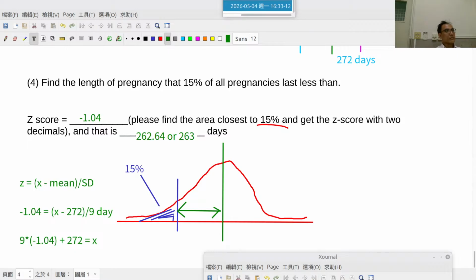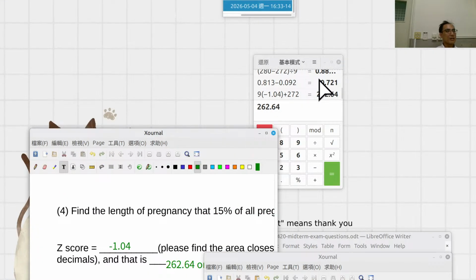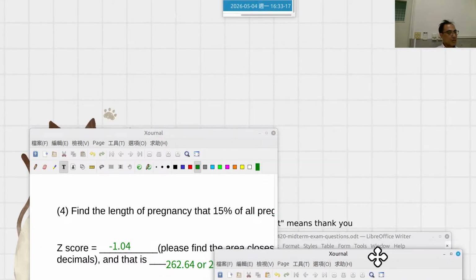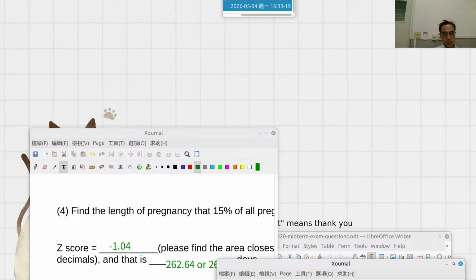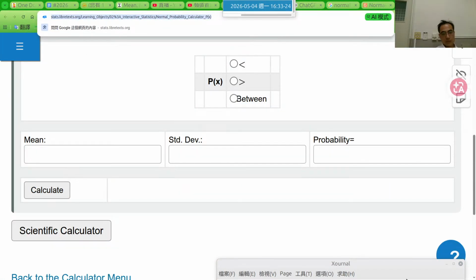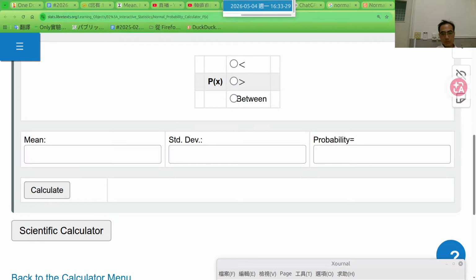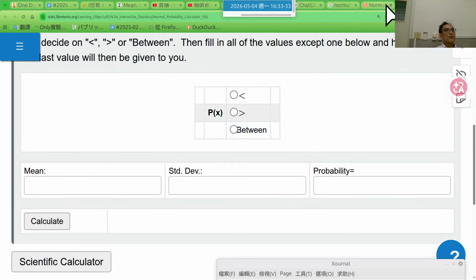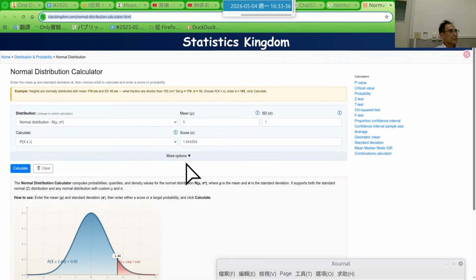And the second website. Okay, the first website, we can use this. For the first question, we can type the mean.